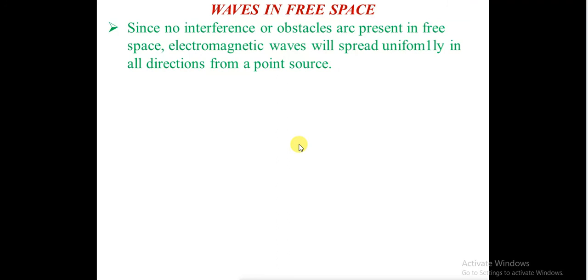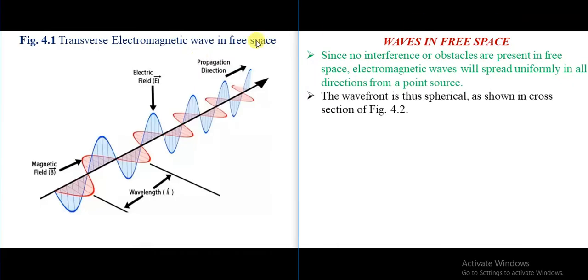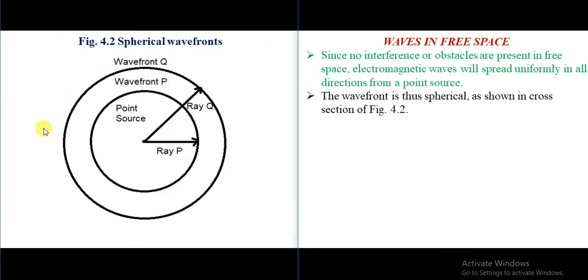Since no interference or obstacles are present in free space, electromagnetic waves will spread uniformly in all directions from a point source. The wavefront is thus spherical and the cross section is shown in this figure. So this is a spherical wavefront from a point source.